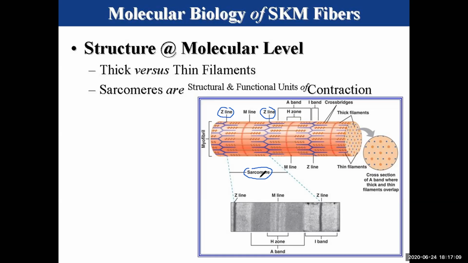And when the sarcomere becomes shorter due to cross-bridge formation, it is because the thin filament is moving toward the M line. Right? The thick filaments remain stationary, but that blue line right there is moving toward the M line. Every single thin filament is moving toward the M line. On this side also, it's moving toward this M line, whereas the thick filaments remain stationary.